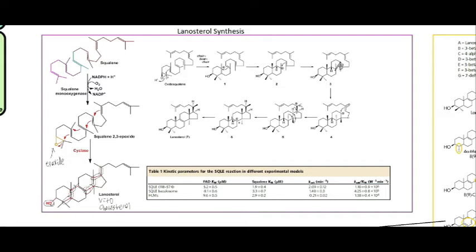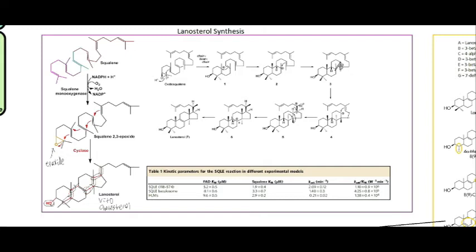The electrons in this double bond attack that and form another ring here that shifts this positive charge up to here. But now we see that this hydrogen seems to be moving up there.